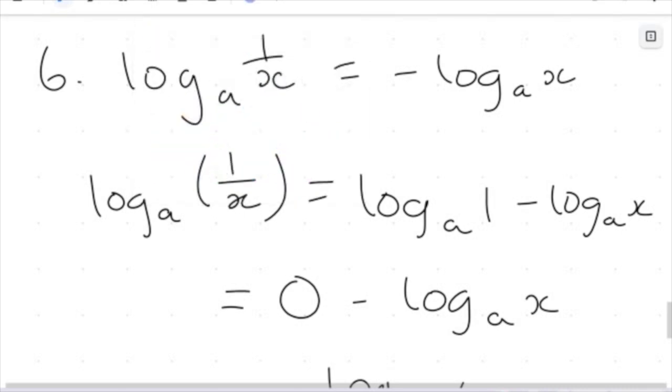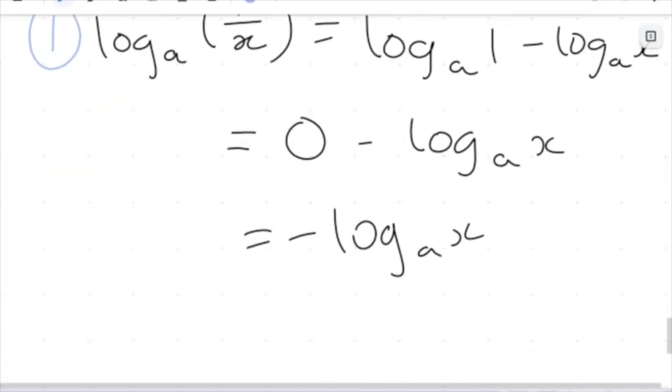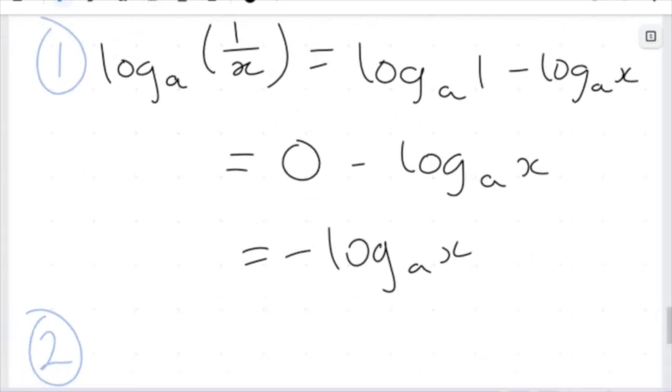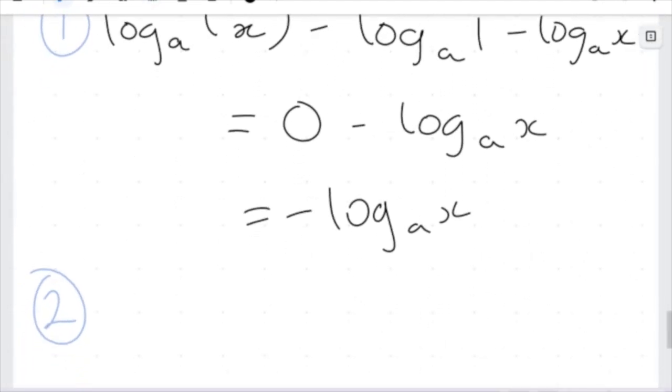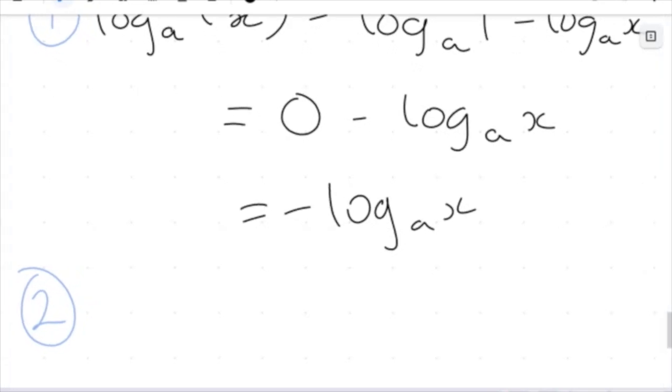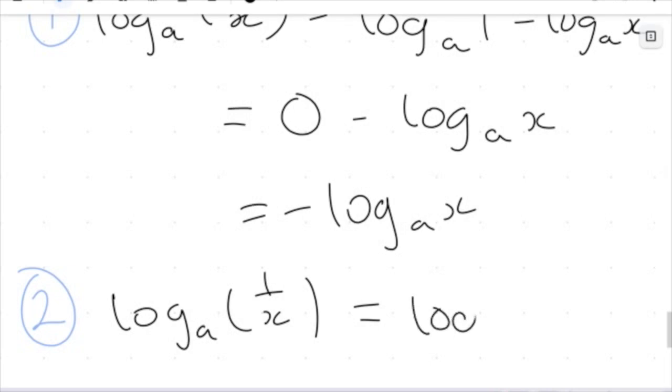You can try another way if you want to pause the video and have a go. But another way we can think of this using these same log laws is to consider how we can write 1 over x in a slightly different way. So if we have log to the base a of 1 over x, what we learned about our indices and our index laws ages ago is that we can write 1 over x as x to the power of negative 1.